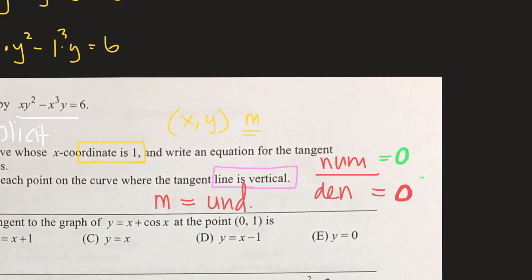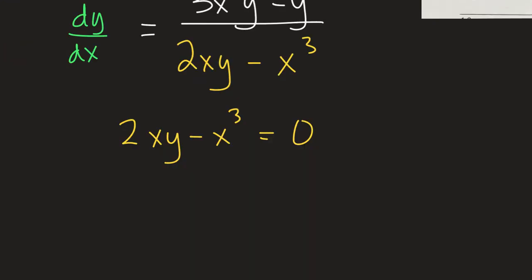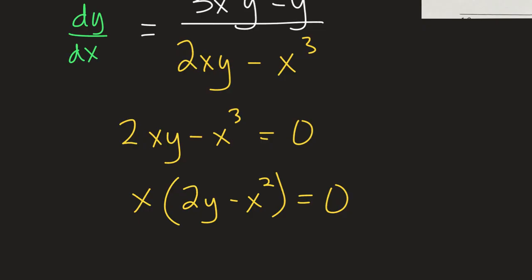So we're going to take our numerator and set it equal to 0, and see what we get. Let's solve this. Yes, it has a y in it, but let's see what happens. Both of these terms have a common x. This one is 2xy, and that's x cubed, so let's factor out the x, leaving me 2y minus x squared equals 0.